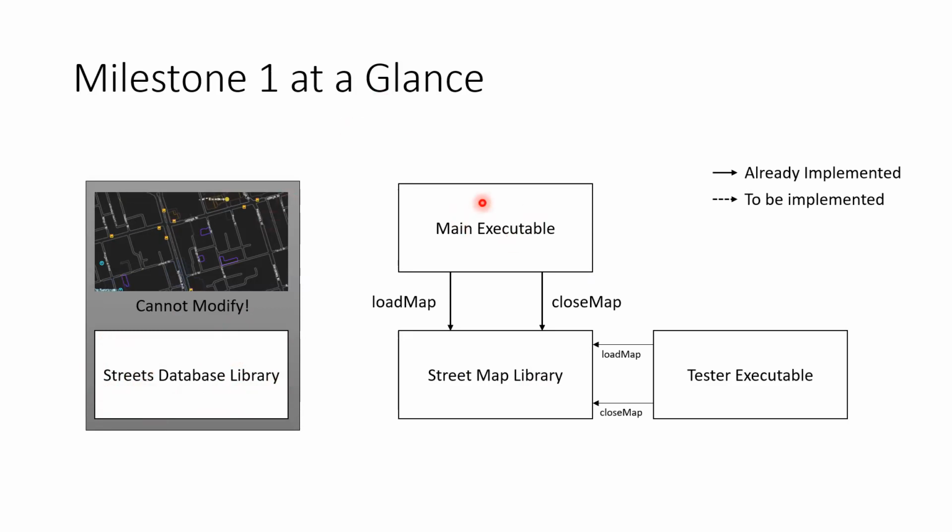Your main executable and the tester executable will be calling the street map library that you will write. And the tester will test for queries into your library, and you will be using the lower level library to complete the queries.